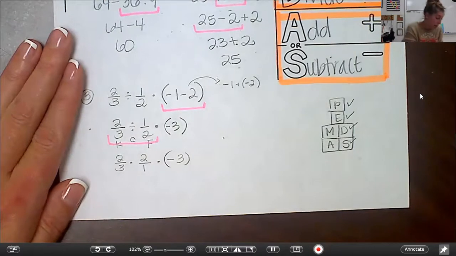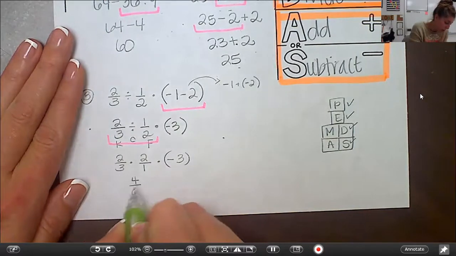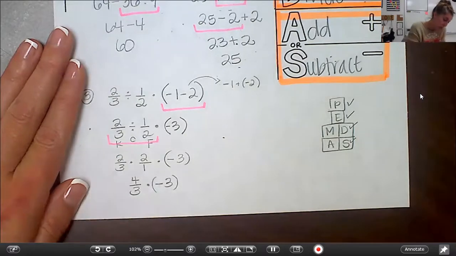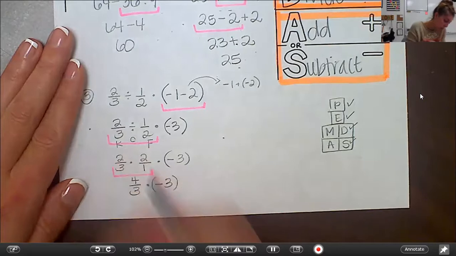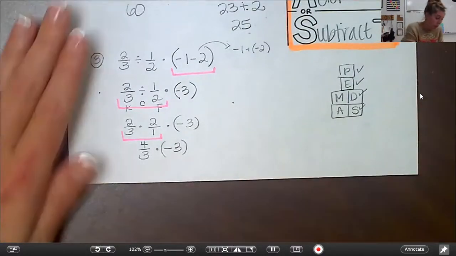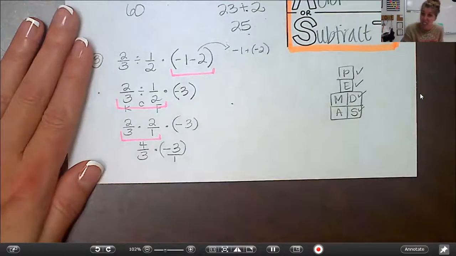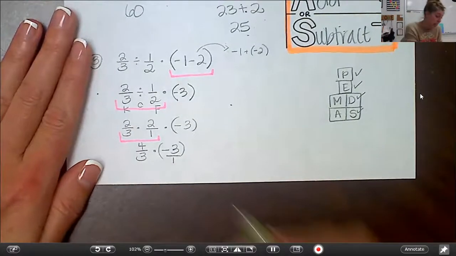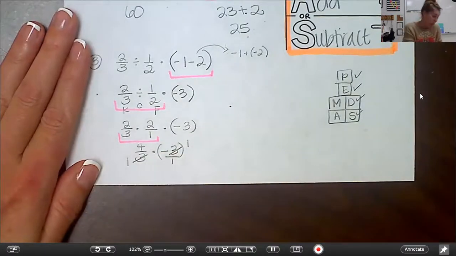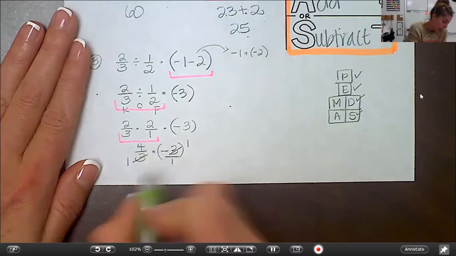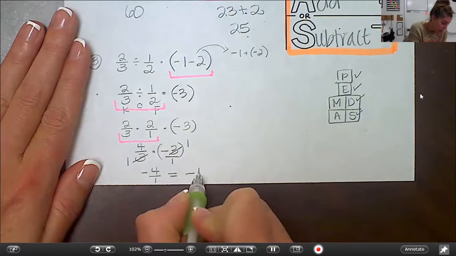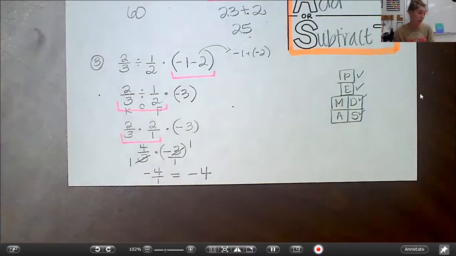Now I'm going to go ahead and do that. 4/3. Perfect. Last but not least, I'm going to multiply 4/3 times -3. Put that over 1, right? If you wanted to cross cancel, there's your opportunity. 4 times -1 is -4 over 1, which I'm going to leave as just -4.